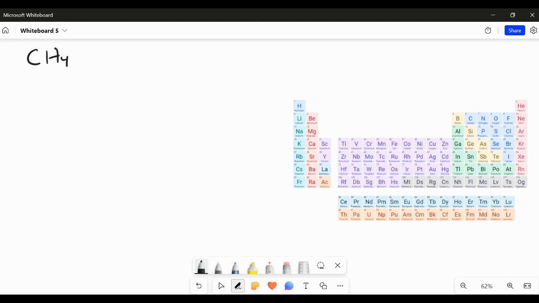So, how do we figure out what this looks like? Well, there's actually a process to this. First, we have to calculate the number of bonds.